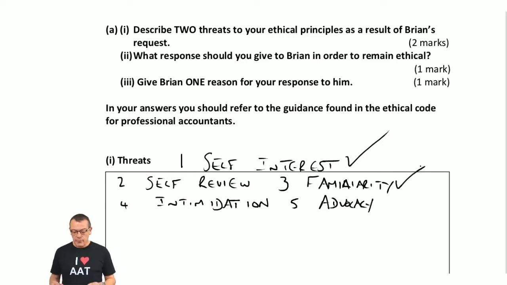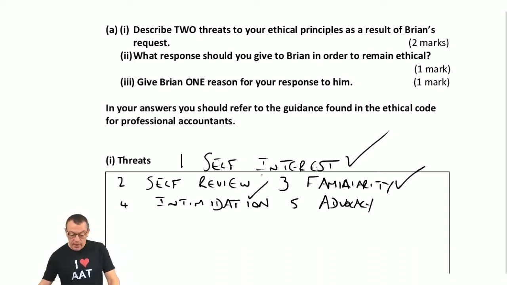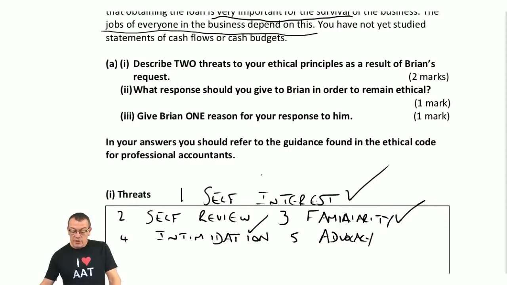Intimidation. I would say, again, yes for this one, because everyone's job is at stake. The future of the business depends on it. It is the survival of the business. So indirectly, you've been asked to do something here that really slants towards the business. So that would be yes. Advocacy, which really is speaking up on behalf of others, even in the public domain, I would say no.